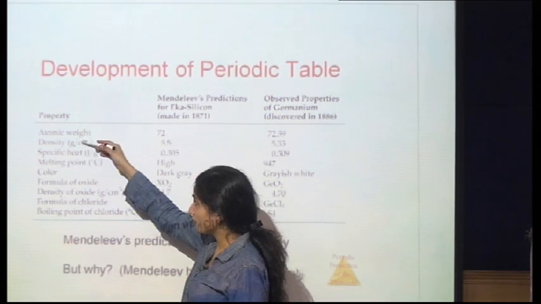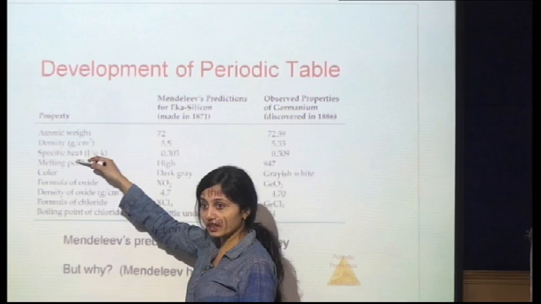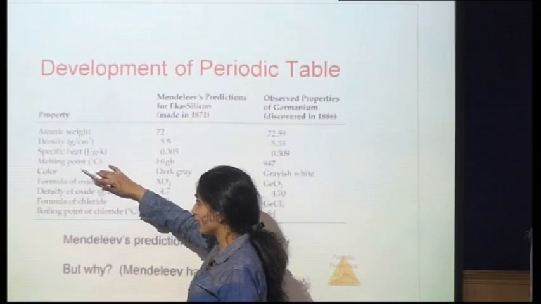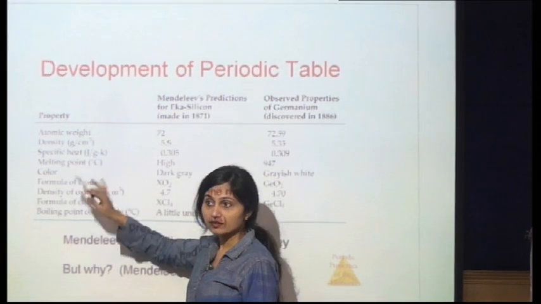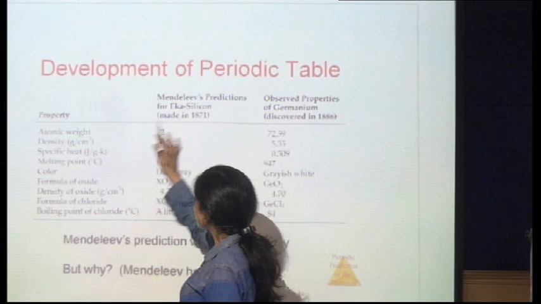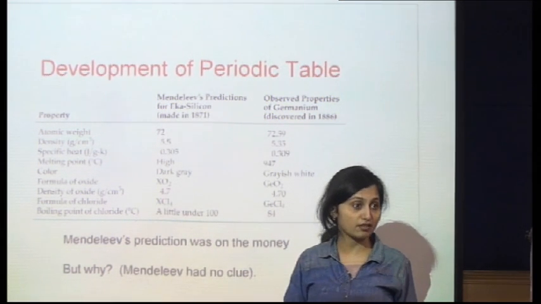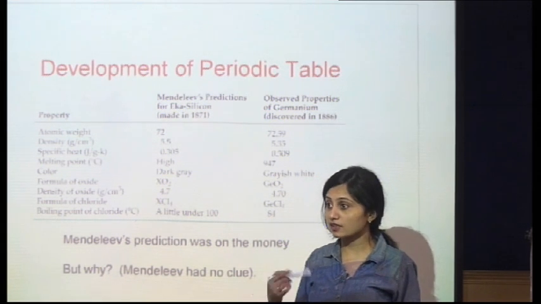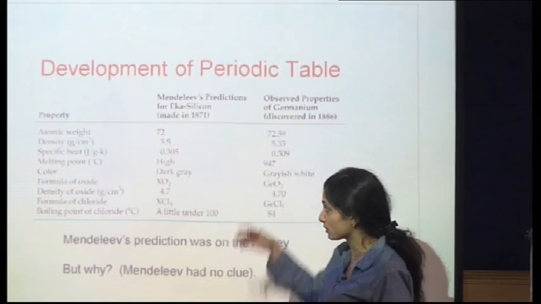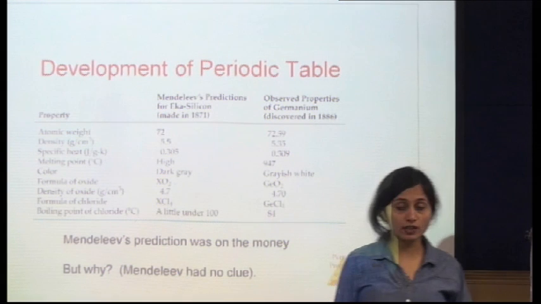Atomic weight, density, specific heat, which you will do in thermodynamics, melting point, you are all aware of melting point. All these properties were studied and compared. When we talk about the physical and chemical properties, they are not just one or two properties but so many of them.